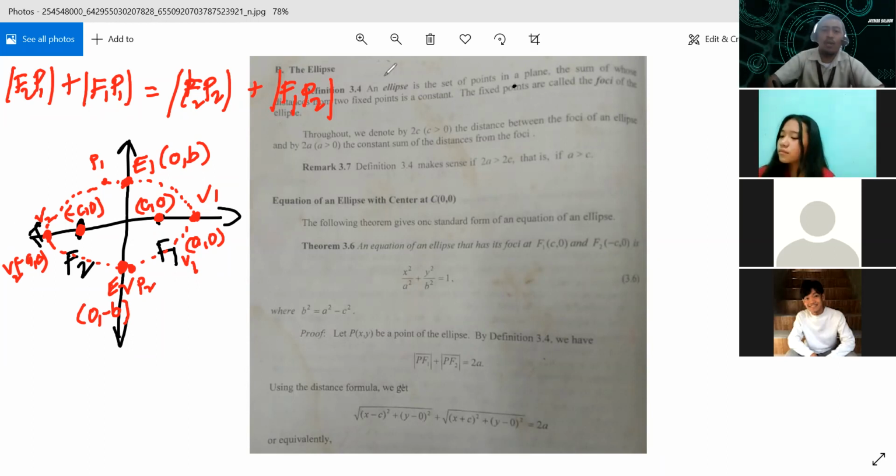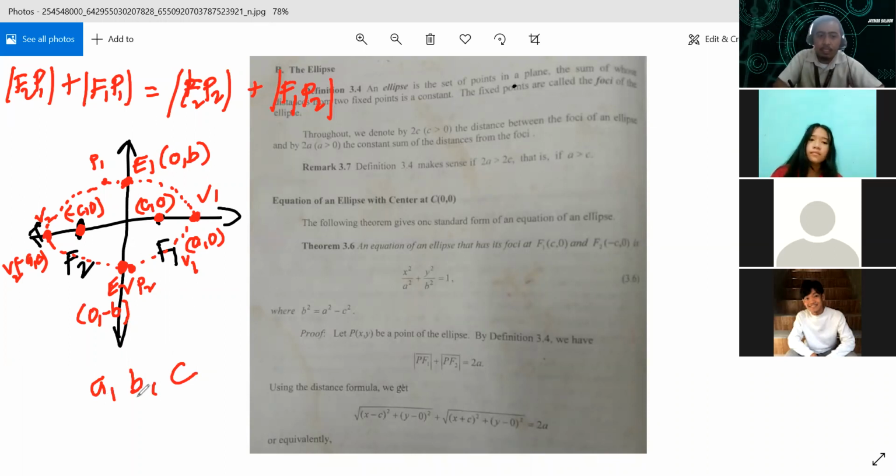One more thing, class, there is a relationship among A, B, and C. I will repeat: this A should be taken from your vertex, this B should be taken from your extremities or extremity, and your C should be taken from your focus. What is the relationship among these three?